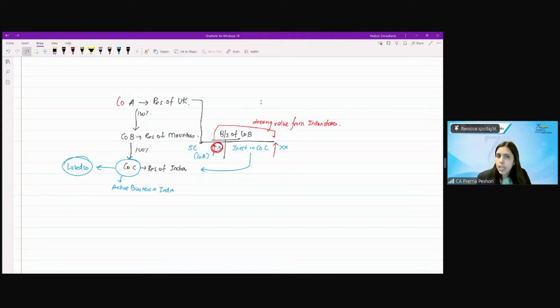Now, this company has prospered really well over the years. And now company A feels that I should exit from the Indian market. So, usually when the businesses do well, the investors just then exit and realize their money, right?